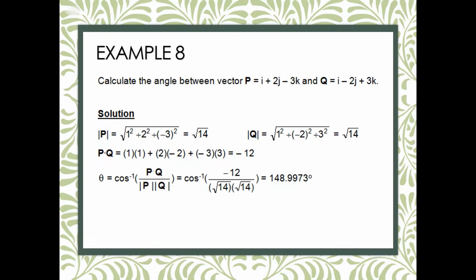P dot Q is equal to 1 times 1 plus 2 times negative 2 plus negative 3 times 3, equal to negative 12. Substitute the answers into the formula of theta and simplify. You should get 148.9973 degree as the answer for theta.